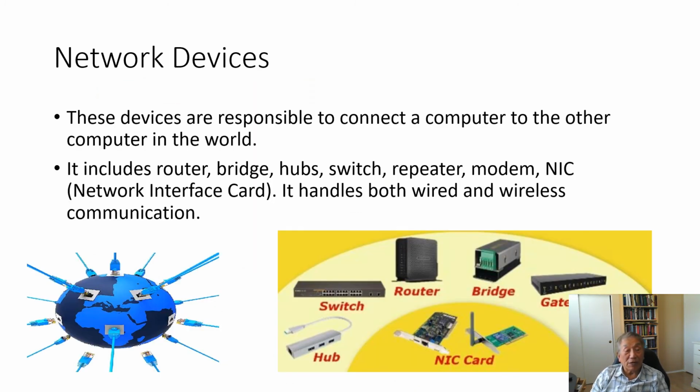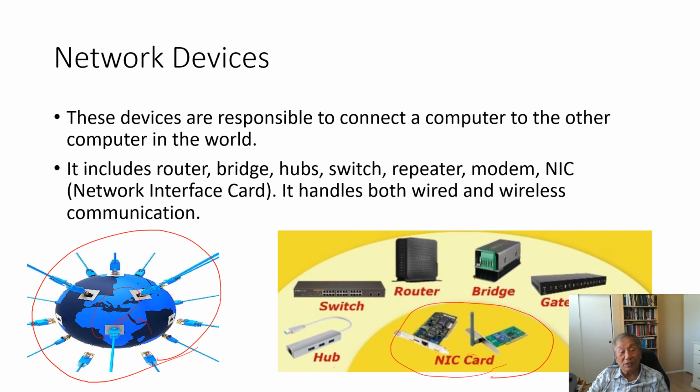Then network devices are what you need to connect throughout the whole world, so being connected all over the world like that. There is a thing called the hub, switch, router, bridge, and there's a gateway and the repeater, and the NIC card. That's the network interface card.